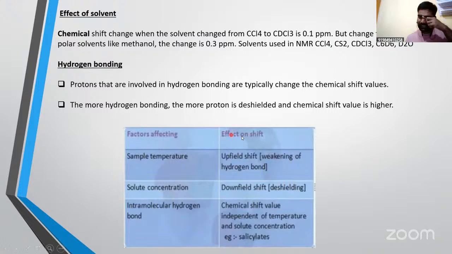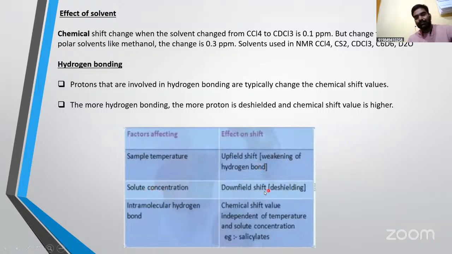Factors affecting the shift: sample temperature. When the temperature increases, an upfield shift occurs, the hydrogen bonding weakens, and deshielding of protons decreases.